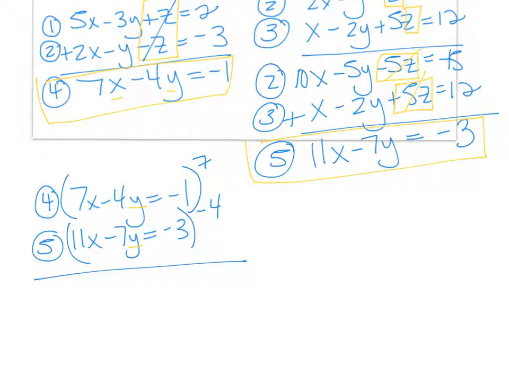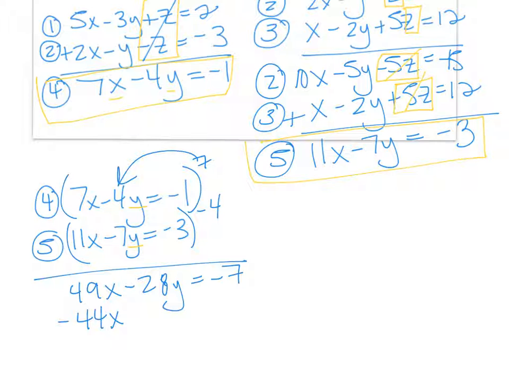So I get 7 times 7x is 49x. 7 times negative 4 is negative 28y, and 7 times negative 7 gives me negative 7. And then I'm going to multiply all of my coefficients in equation 5 by negative 4. So negative 4 times 11x is negative 44x.